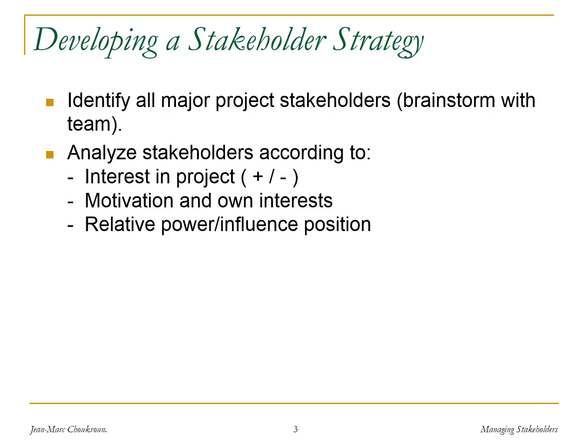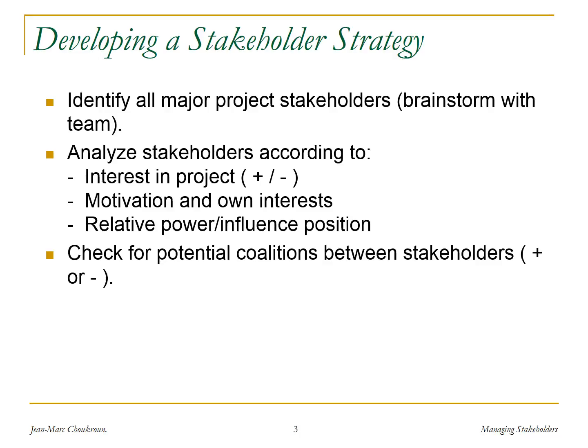At the beginning, it's okay to have more rather than fewer stakeholders, so you're sure you don't forget anyone. The second step is to analyze each of the stakeholders according to whether they're interested in the project or not, what their motivations and interests are, and, most important, their relative power and influence position in terms of how they can affect the project.